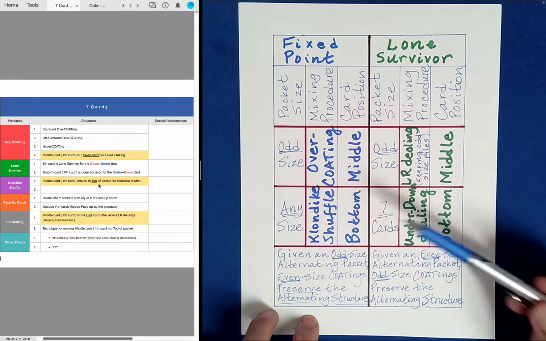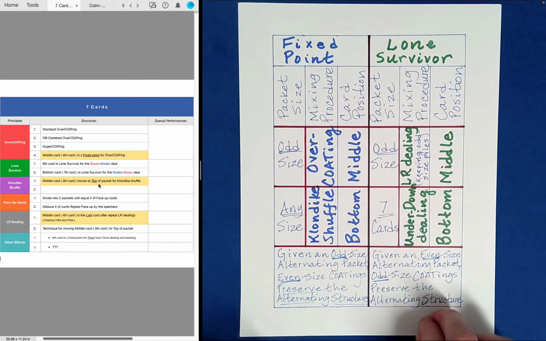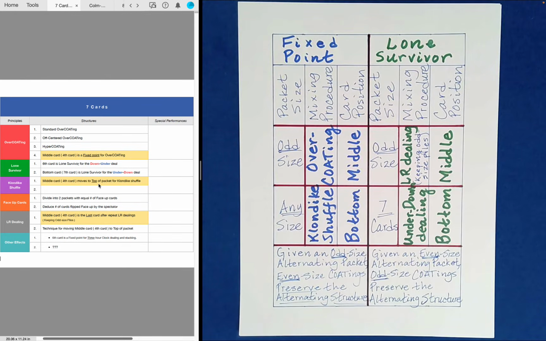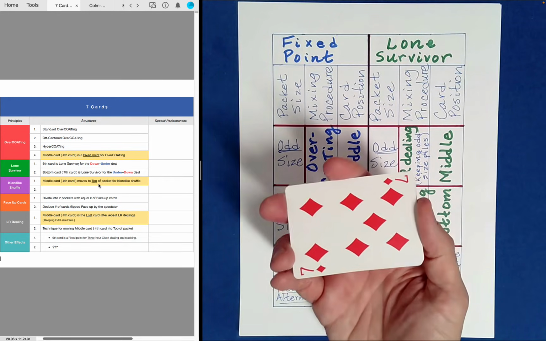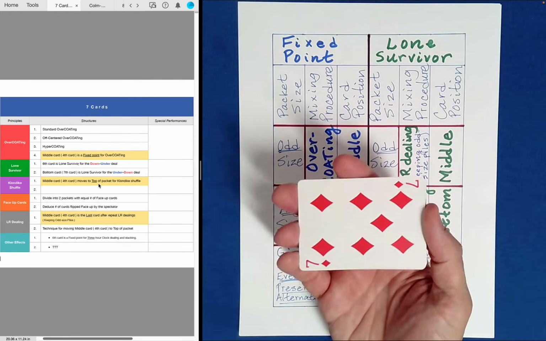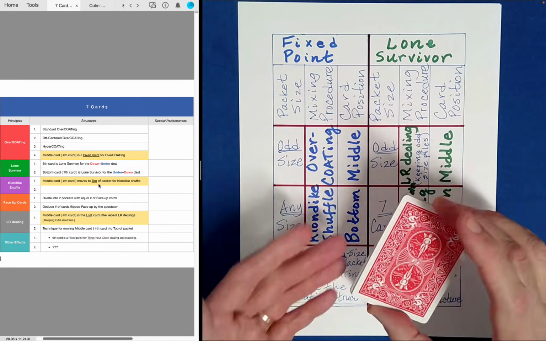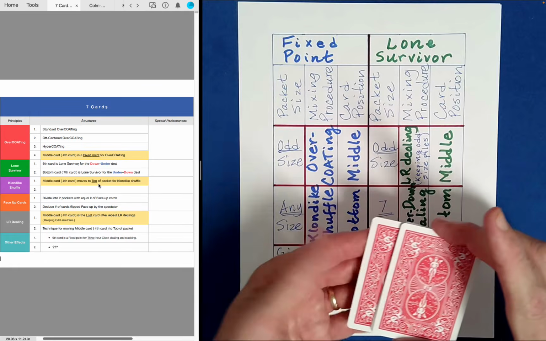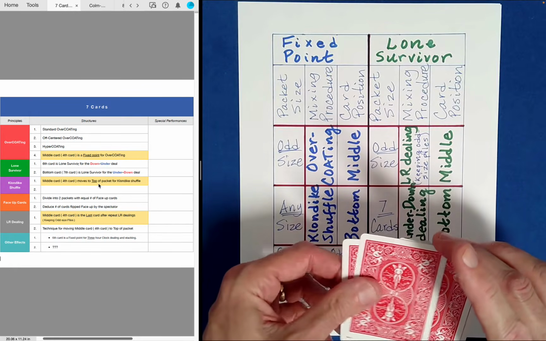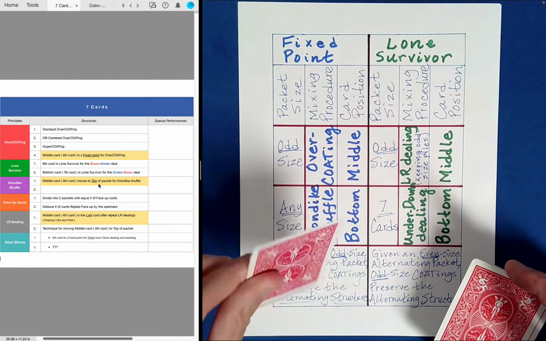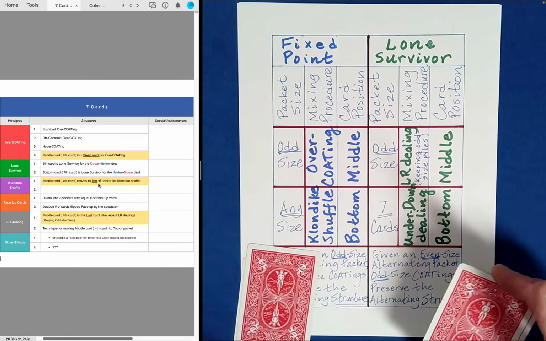It's the bottom card. Now, if you give it 2 minutes, or 2 seconds maybe, of thought, you'll realize that with the Klondike Shuffle, let's say the bottom card at the moment is the 7 of diamonds. So I'll just turn it over. With the Klondike Shuffle, you're taking the bottom and the top off together, and then you're setting those down.